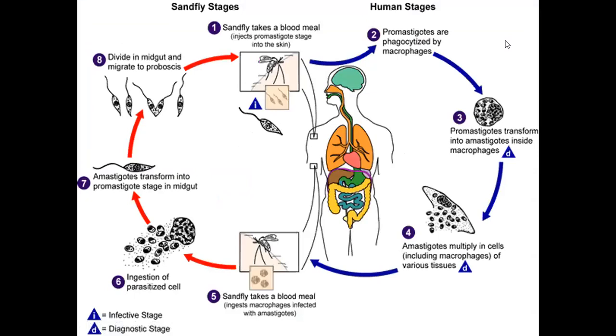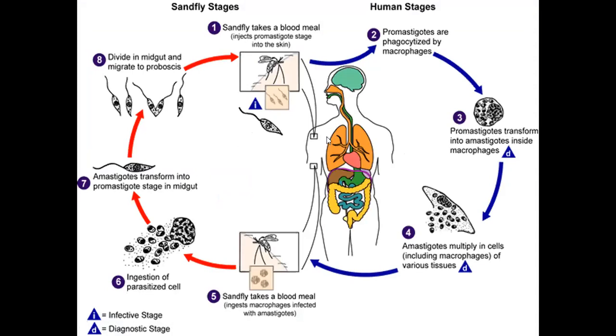To show you the details of the life cycle, let's start from here. The sandfly is going to sit on the human skin, and it is going to take up blood. Over here, it is going to inject these promastigote forms which develop in the body of the sandfly.